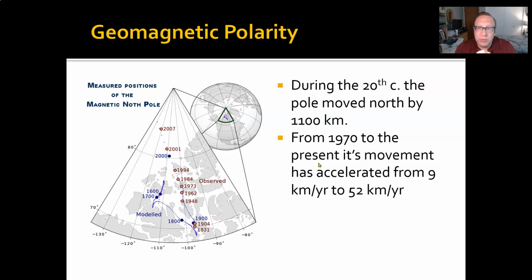And as we get closer to recent times, that movement is accelerating. Since 1970 to the present, the movement of the magnetic north has accelerated from just 9 kilometers per year to 52 kilometers per year. I know it doesn't sound fast, but you can see over time, this is several hundred miles. This is a lot.